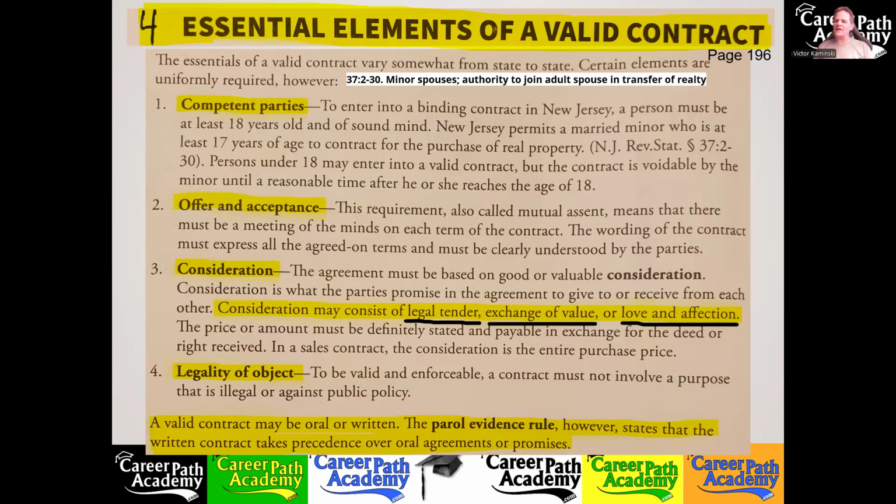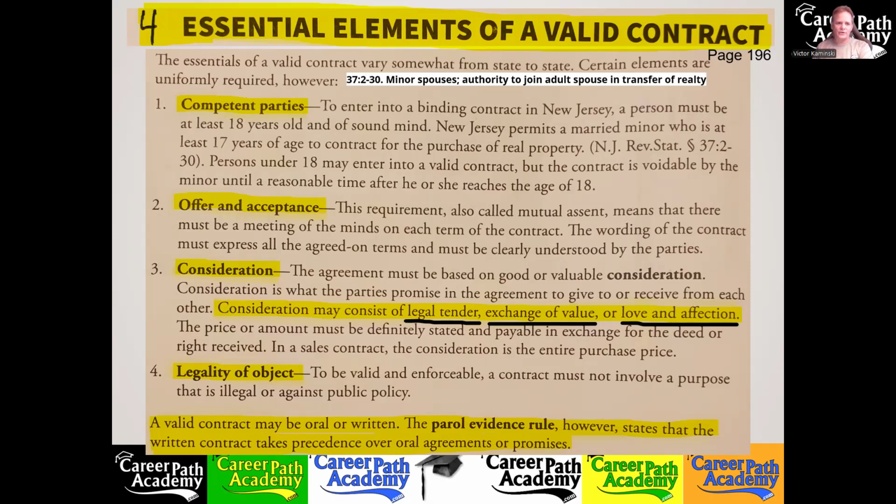Or legality of the object or purpose of the contract, right? So those are the four essential elements of a valid contract, which you need to know. You also need to know the three legal forms of consideration, which are legal tender, exchange of value, and love and affection. Is anybody confused on any of this?